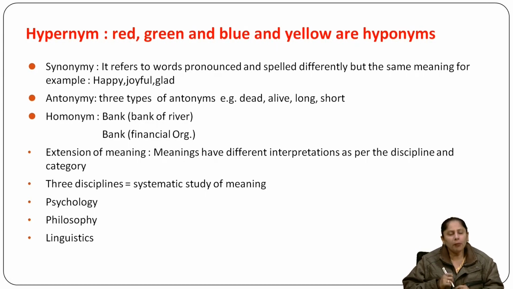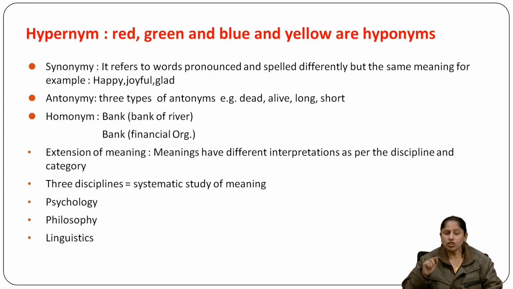Words have many categorical meanings. That is what lexical semantics teaches us over here. There are basically three disciplines mentioned over here. You can see that there are three disciplines. Systematic study of meaning is important with a view to three disciplines: the discipline of psychology, the discipline of philosophy, and the linguistics discipline.